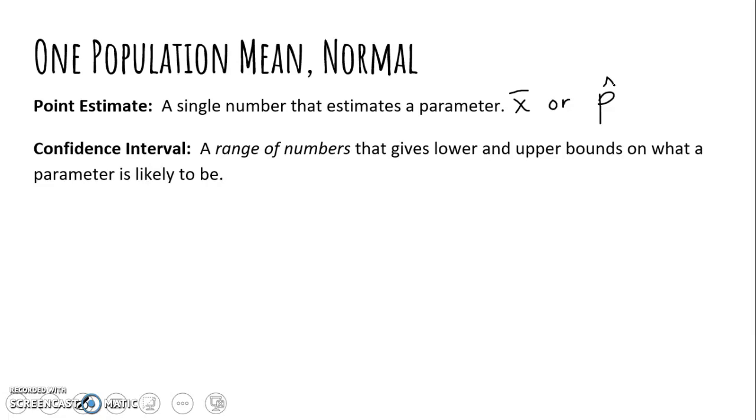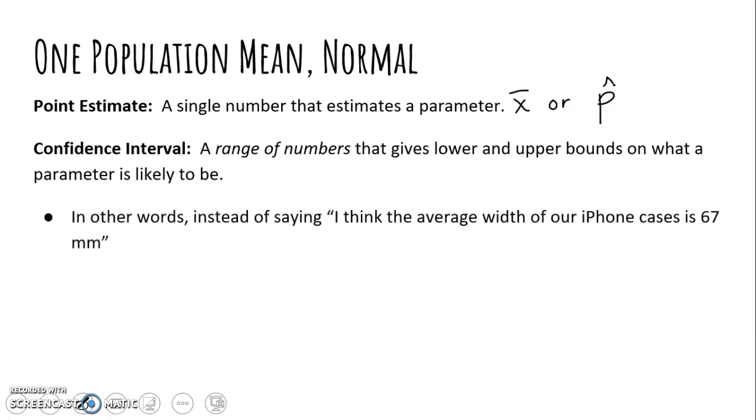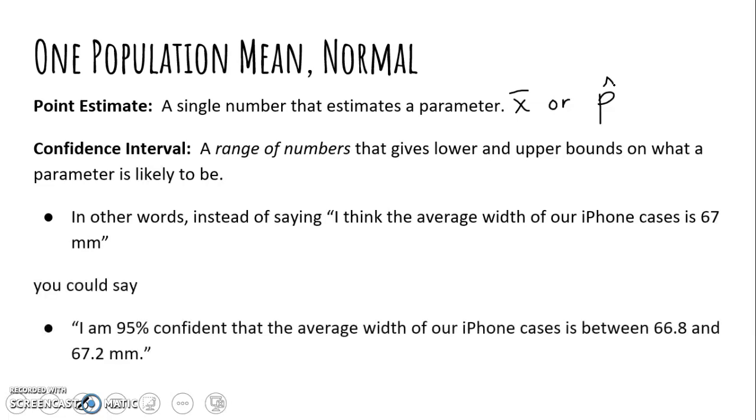You can't narrow down the mean to a specific number, but you can narrow it down to a range of numbers. So instead of saying, I think the average width of our iPhone case is 67 millimeters, you could say, I'm 95% confident that the average width of our iPhone cases is between 66.8 and 67.2 millimeters. So we've narrowed it down to a range rather than just a number.